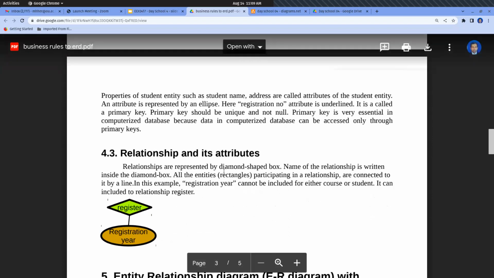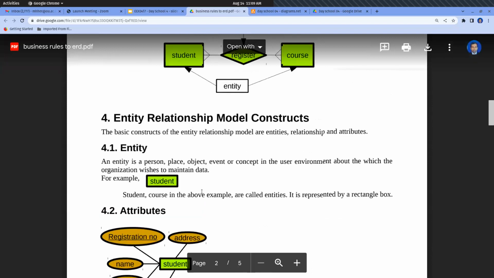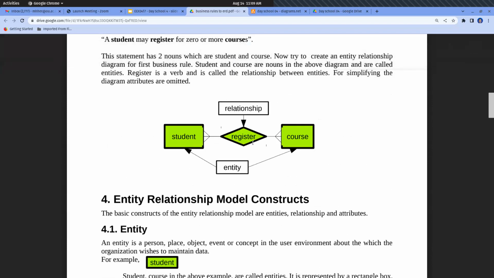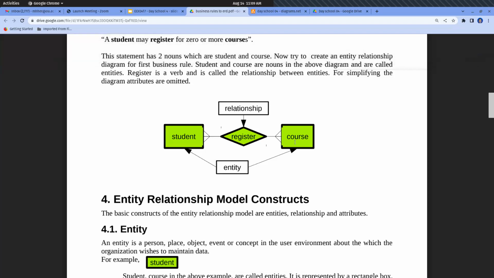Now relationships and attributes. When we consider this, the relationship also has attributes. Now when we consider the student and course, when you register to a course, one attribute is the registration date, who signed, and what the marks are.